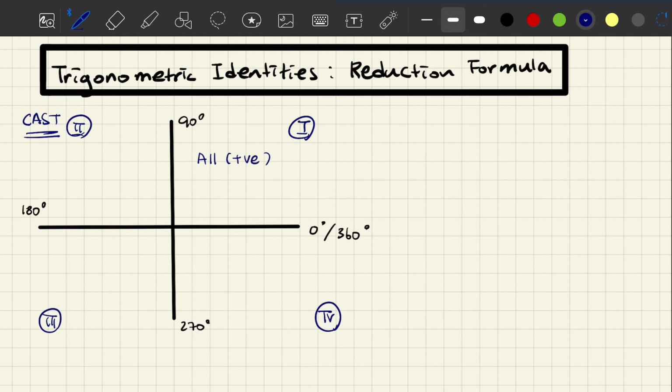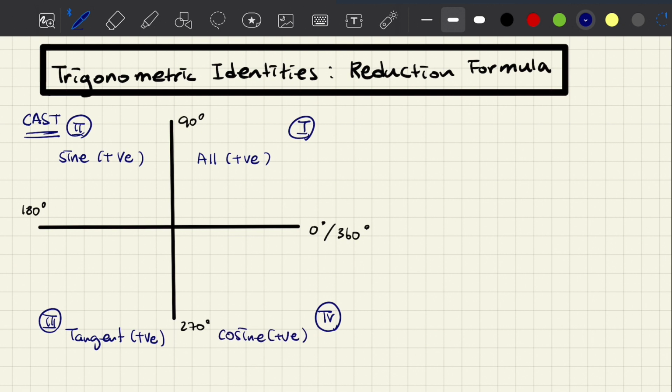And with the second quadrant, only the sine ratio has the positive value. And on the third quadrant, we know that only the tangent ratio has the positive value. And on the fourth quadrant, we know that only the cosine has the positive value.